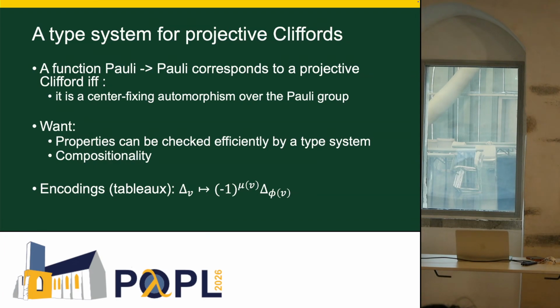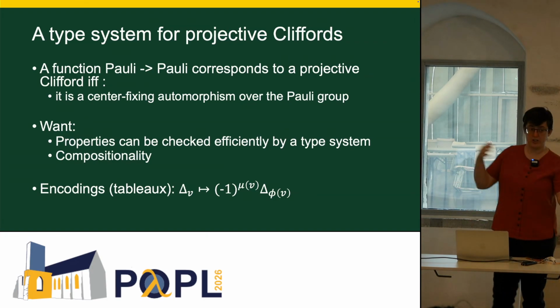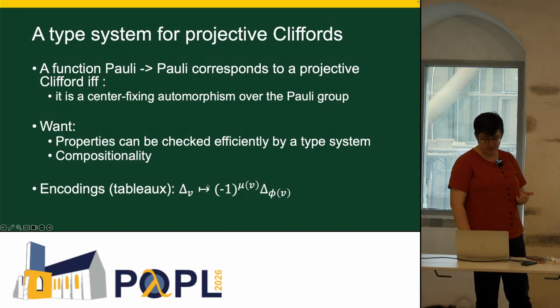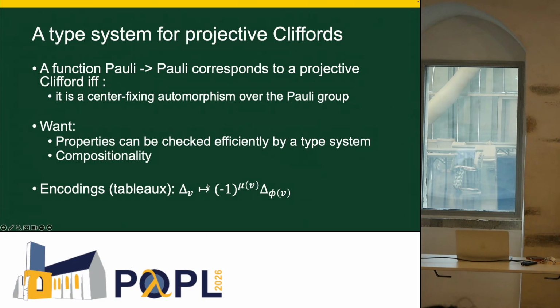It's going to take as input a Pauli delta V, and it's going to return plus or minus delta phi of V, where that function phi is a function of the input Pauli, so the input vector. And in addition, that plus or minus is also going to be a function of that input vector.